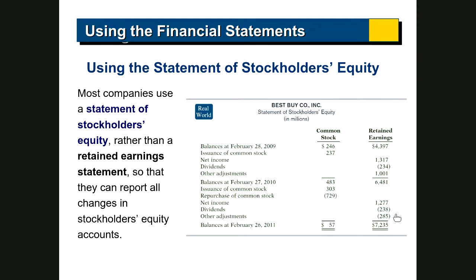There could be adjustments due to a change in accounting policies or a change in tax regulation. We are just introducing the statement, so there are a lot more details in each of these lines that we are not getting into yet.